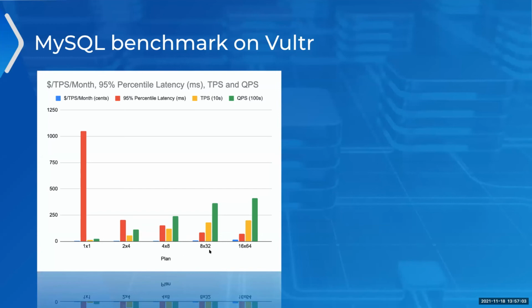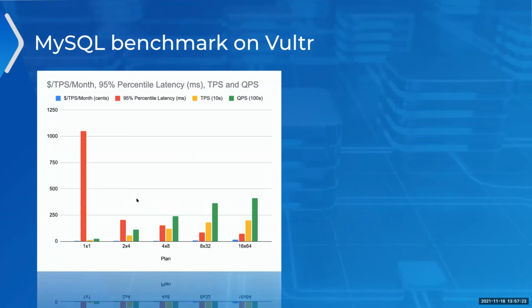As you can see on the x-axis, there are numbers like 1 by 1 and 2 by 4, and so on. The 1 by 1 means 1 vCPU and 1 gigabyte of RAM. That's on the lower end of the x-axis, and the far end is 16 vCPUs and 64 gigs of RAM.